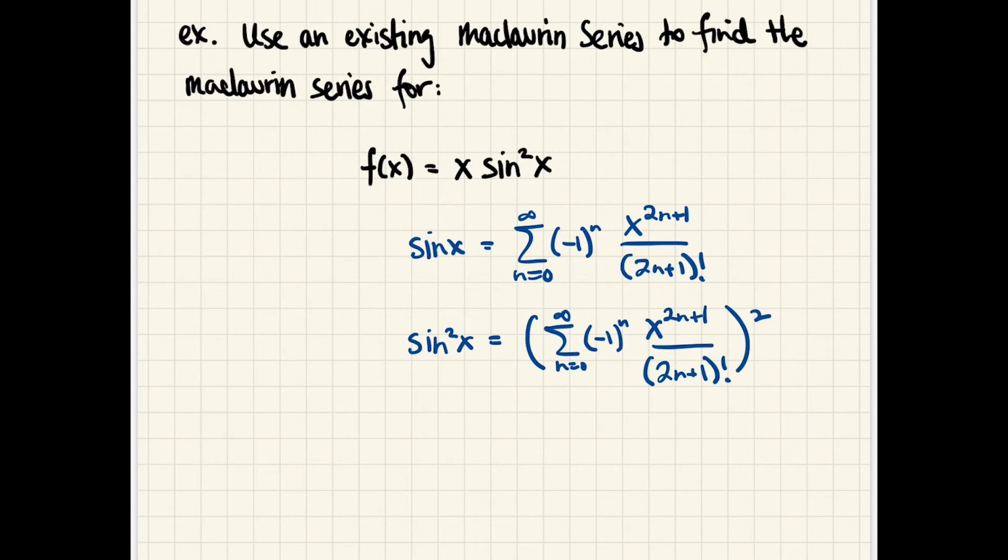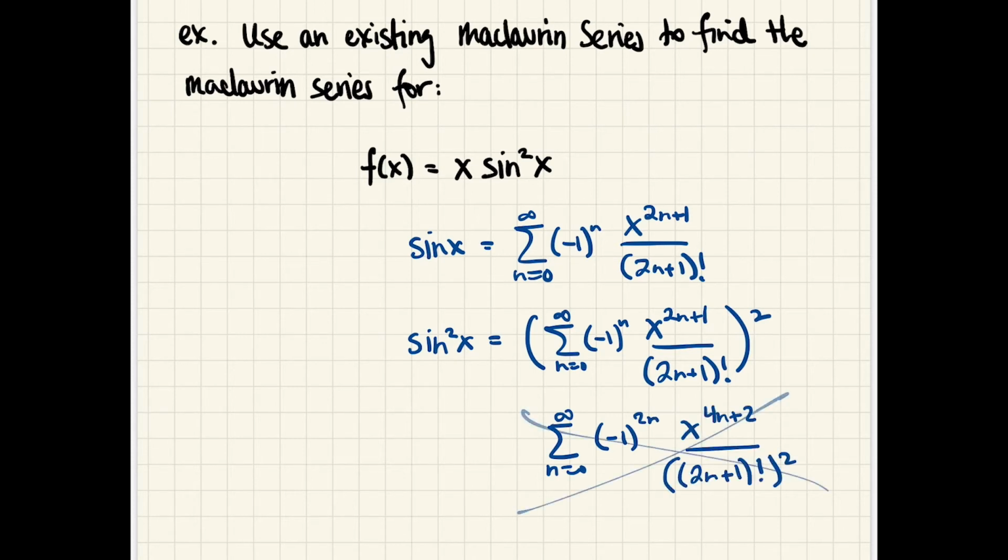The problem is that squaring a series is actually an infinite foiling job. And that's definitely not what we want to be doing right here. So you cannot just say, oh, let's square every term. That is definitely not correct.